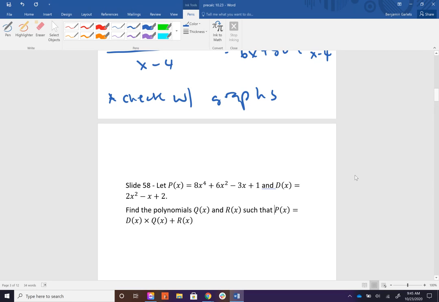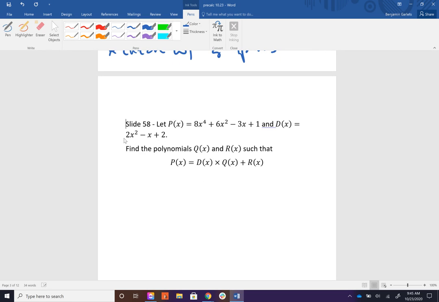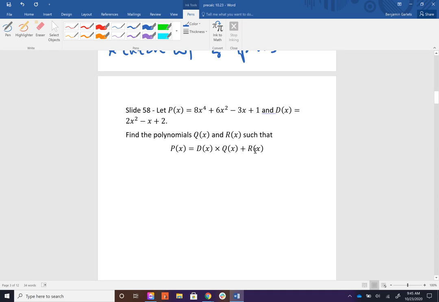And this is the division algorithm. You guys, this is what we were just talking about. And so we're going to go through this, and then I'm going to talk about how this shakes out. All right, so let's start dividing this. So I have p of x divided by d of x.